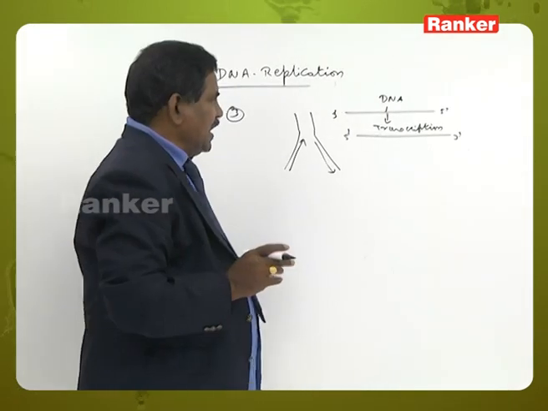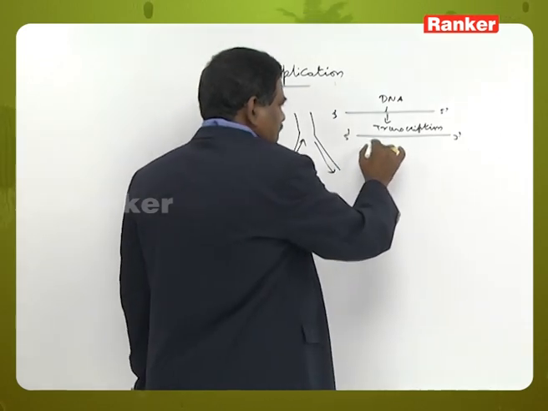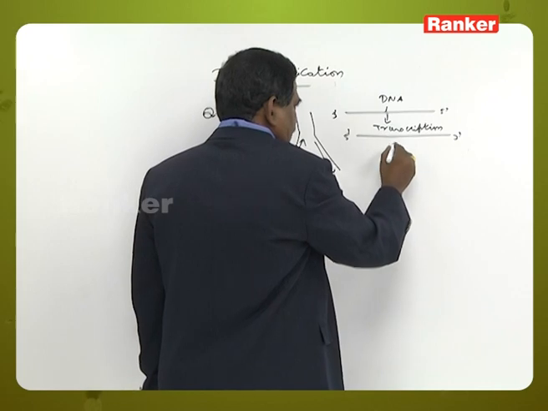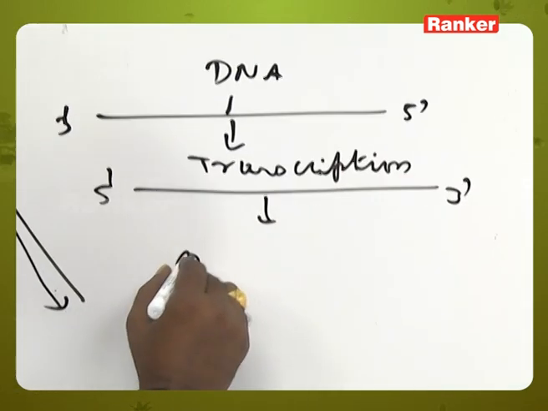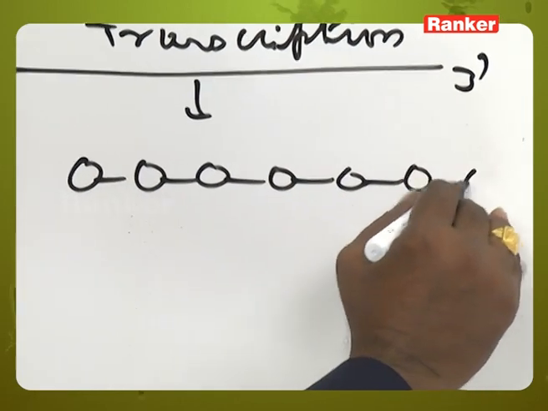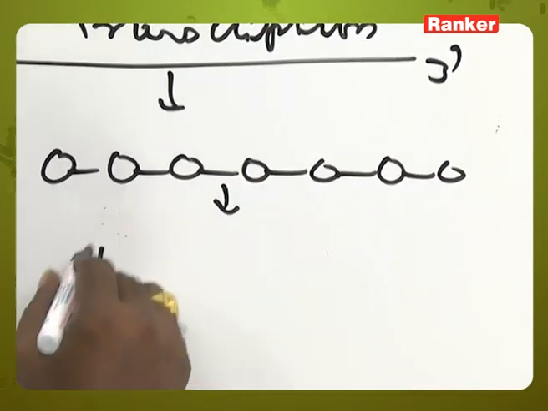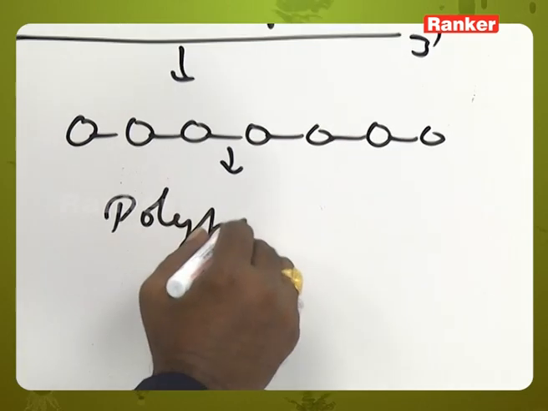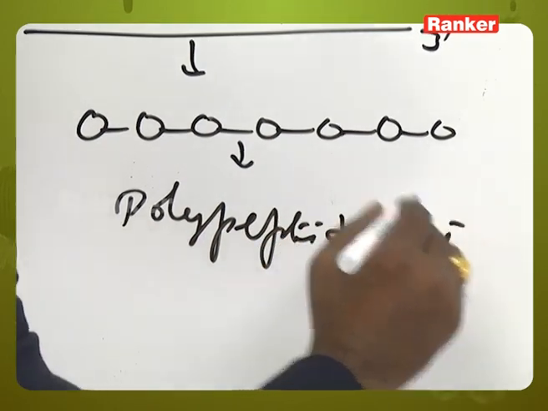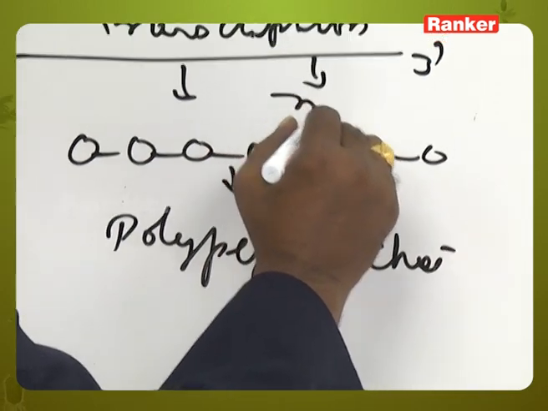Translation: based on the information present on the mRNA, a polypeptide chain is formed.